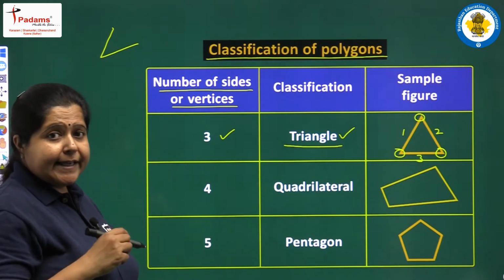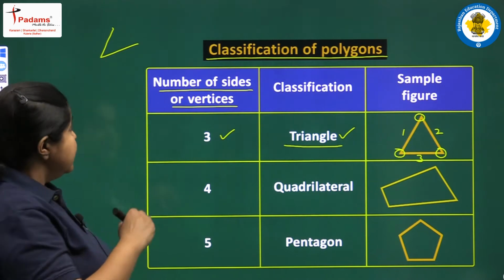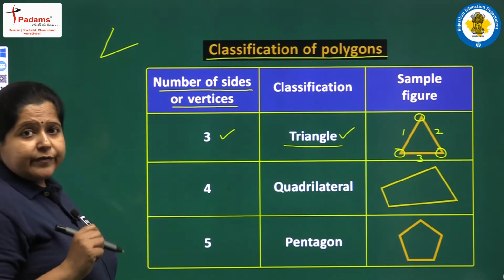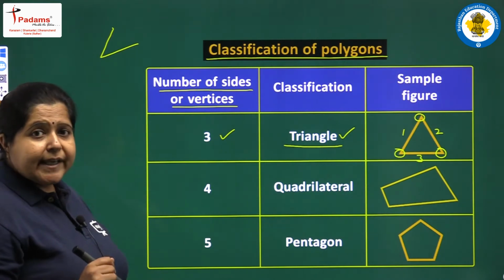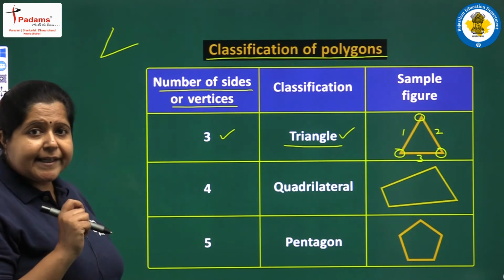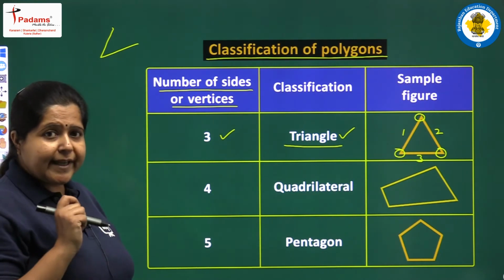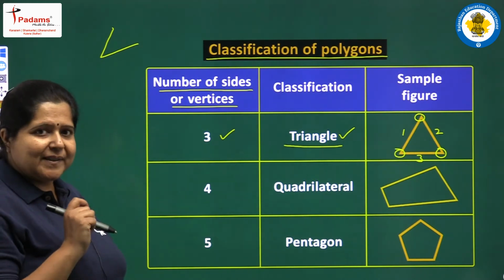Now, in any case, whenever we draw 2 line segments, it will not be a closed figure, and because it will not be a closed figure, we cannot say it to be a polygon. So, the minimum number of sides for a figure to be a polygon is 3, for it being closed as well as simple.